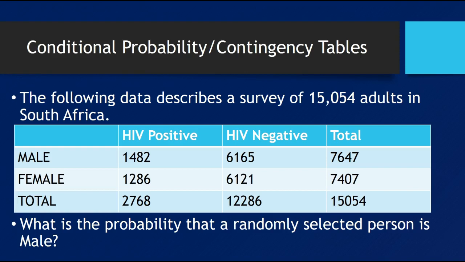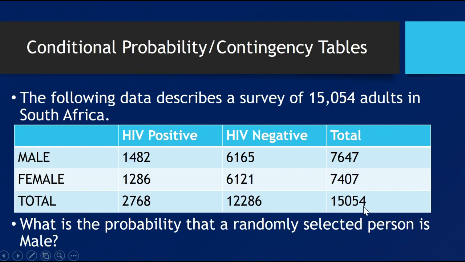The first characteristic is whether they are male or female, and the second is whether they are HIV positive or HIV negative. So we have 2 different traits: one is gender, the other is whether they test positive or negative for HIV. And we can see the data displayed there.